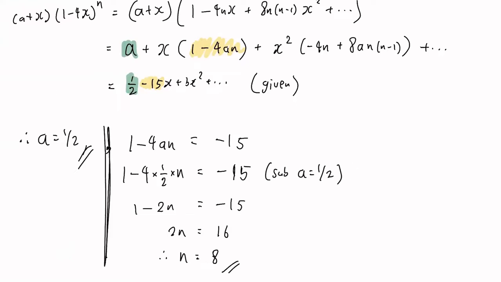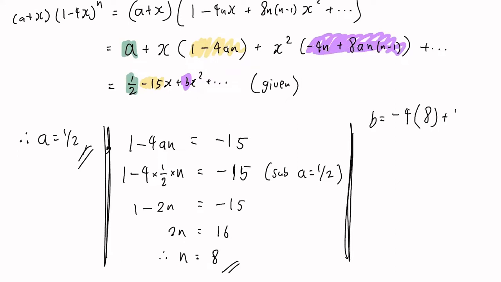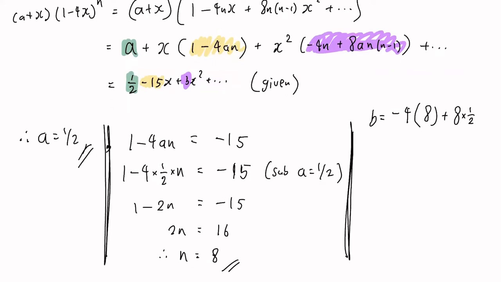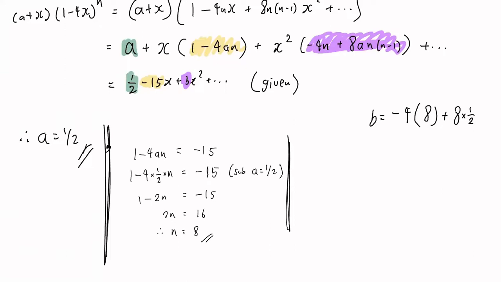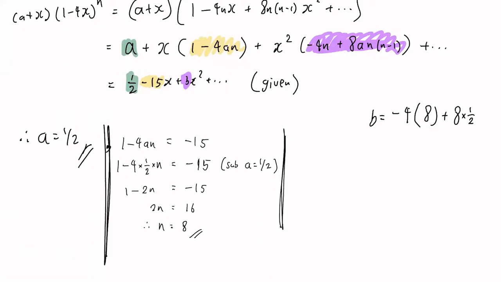Wrong. Read the question. Part 1, they ask for b as well. So last one, b, coefficient of x squared. Okay. So b equals negative 4n, which is 8, plus 8 times a, which is half, times n, which is 8, times n minus 1, which is 7.